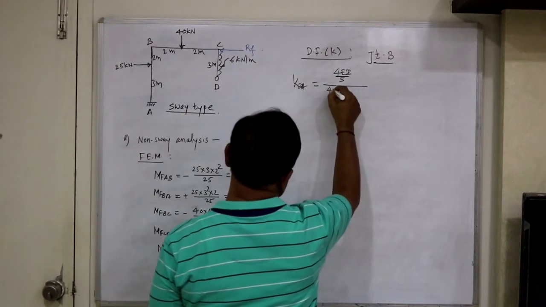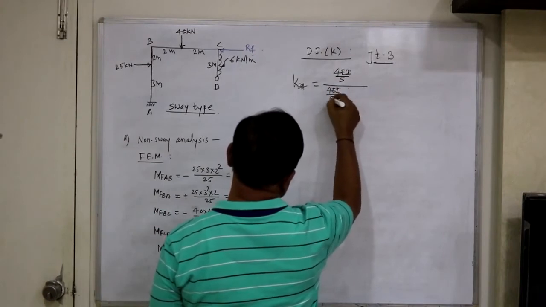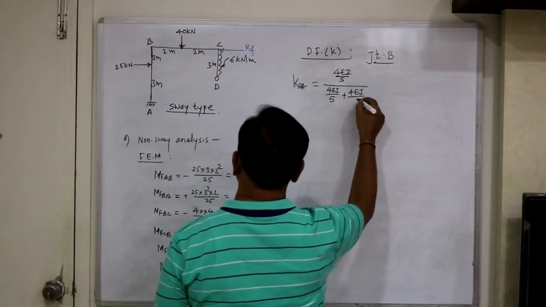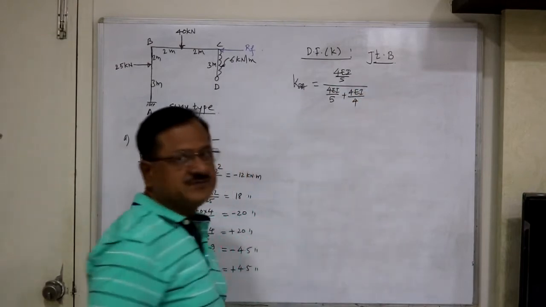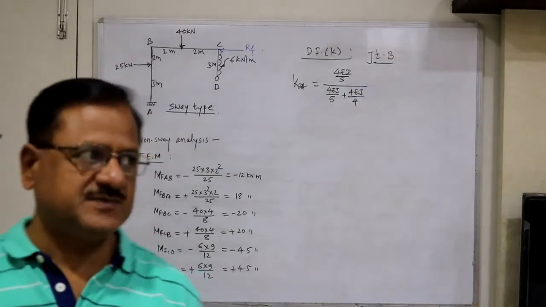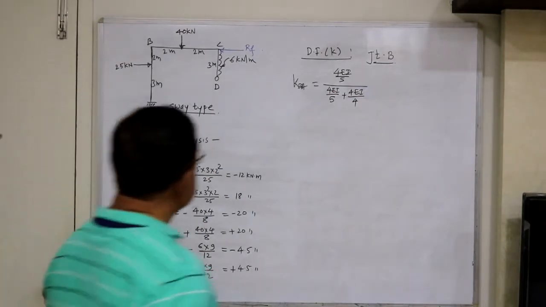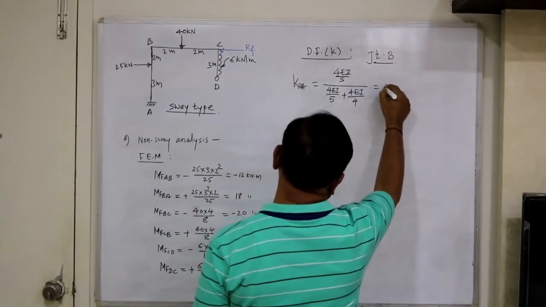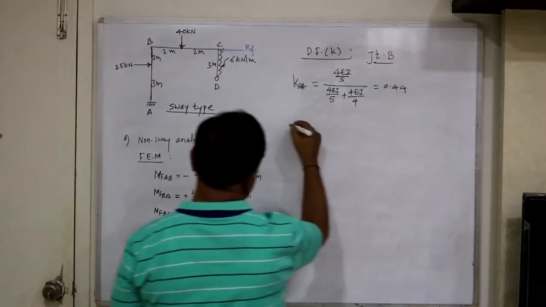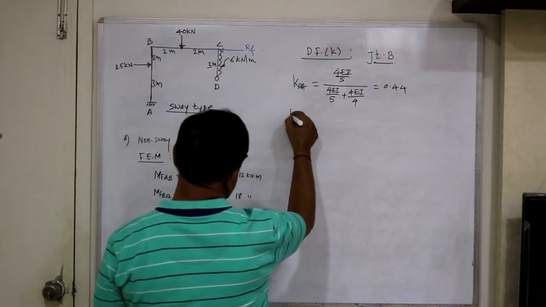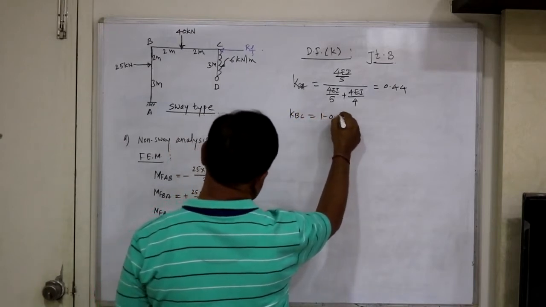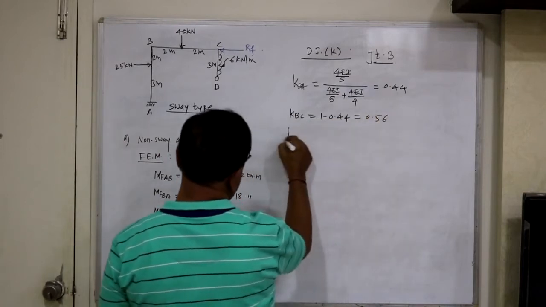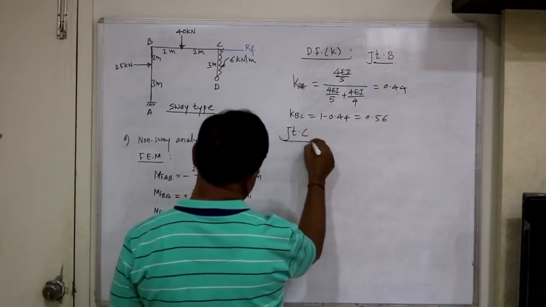This divided by 4 EI upon 5 plus the stiffness of BC, that is 4 EI upon 4. So stiffness of BA divided by stiffness of BA plus stiffness of BC, the total stiffness at the joint. This is 0.44. Then K BC towards C is 1 minus 0.44, that is 0.56.